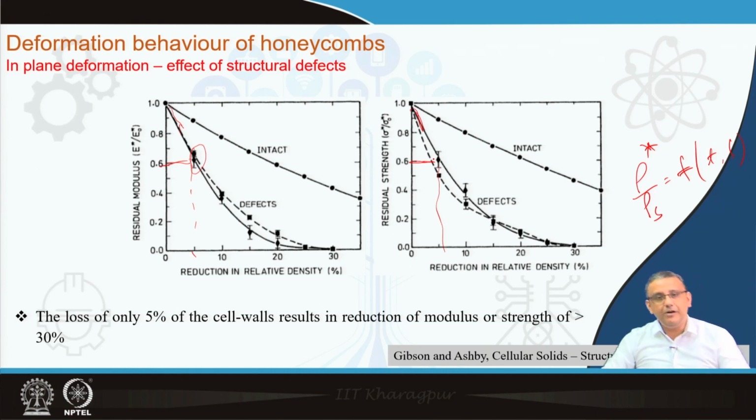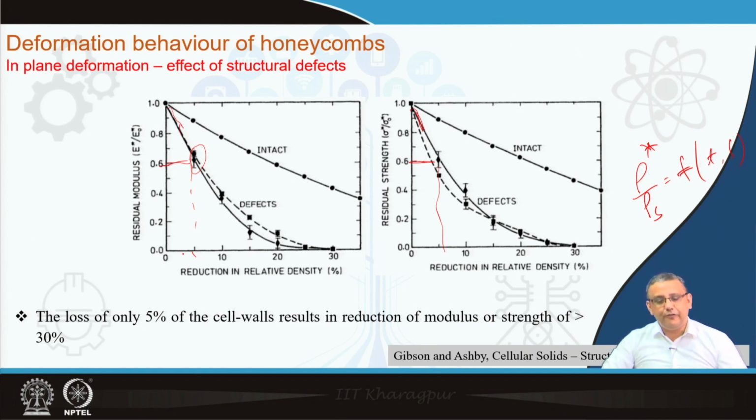If we keep increasing the amount of defects, when we reach around 30% defects, the properties are almost 0. That means when 30% of the honeycomb arms or cells are missing, there is no modulus and no strength, and the properties have theoretically achieved the value of 0.